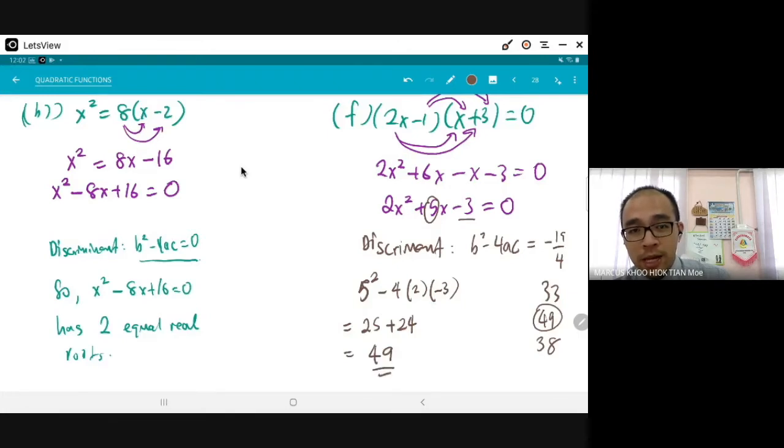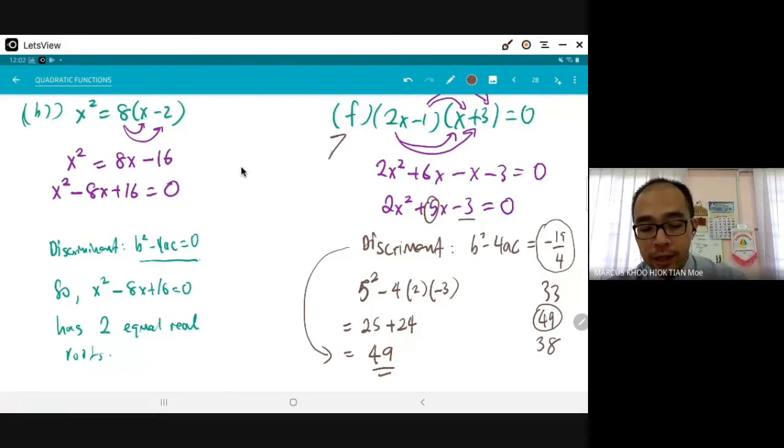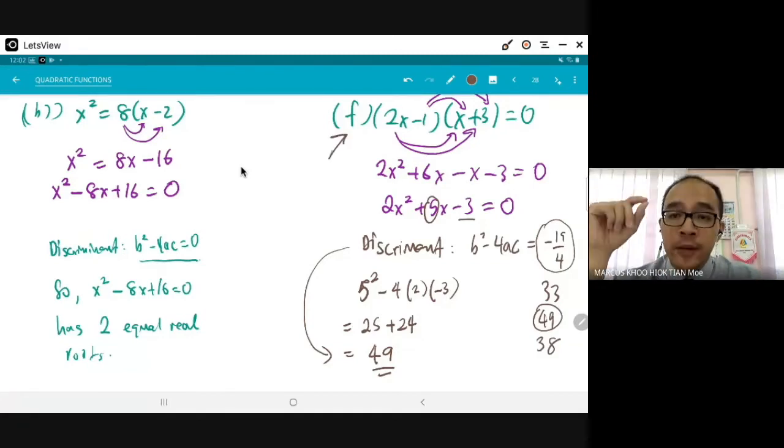So I want to ask, how did you get negative 19 over 4? Oh, uncle. Okay, we just calculate the discriminant. So we find that the discriminant is a positive number. So for F, which category is it? Two real different, two equal real, or no real roots? Which one?